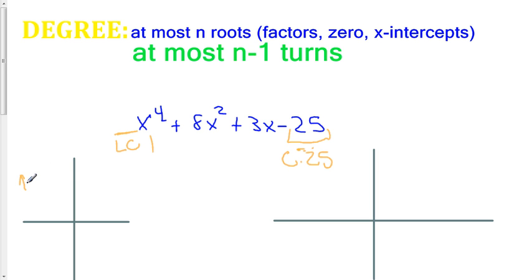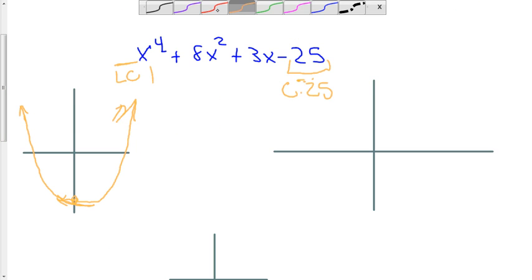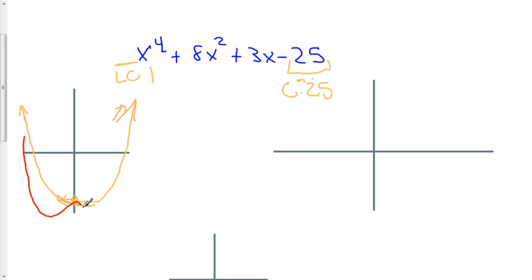Both ends are going to be going up. Crosses at a negative 25, and it could possibly do this where it just comes down, kind of flattens out for a little while, and then curves back up. There also could be a little wave action to it, so maybe it does this. Something along those lines.